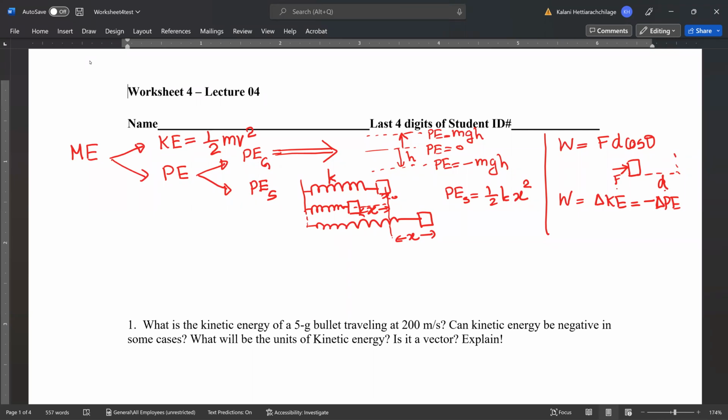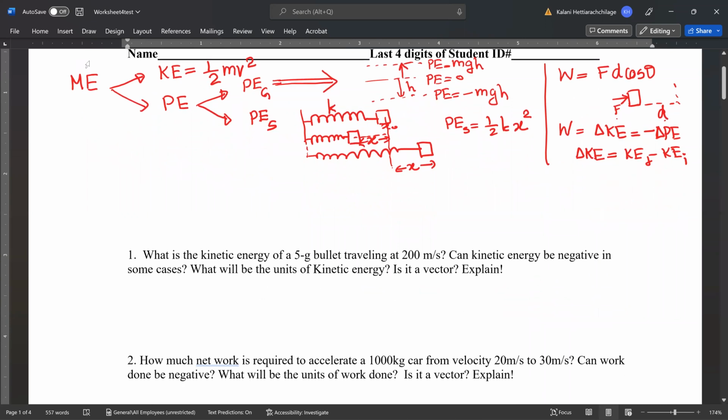I'm going to write it for the kinetic energy, but it is the same for any other physical quantity. The delta sign is used for change. So change of kinetic energy means kinetic energy final minus kinetic energy initial. All right, that's what we did in the first part of lecture 4, a basic summary of the things that we discussed.